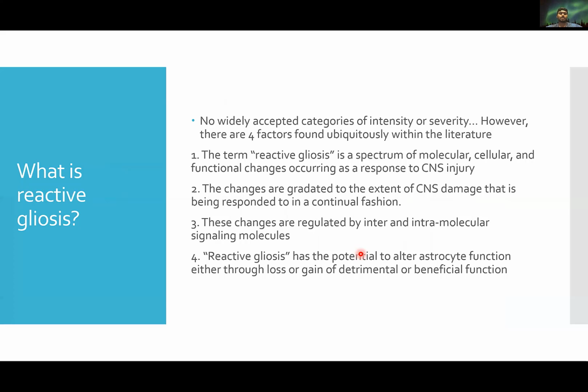So now we talked about a few of the normal functions of the astrocyte. It's important to talk about what happens when the astrocyte responds to CNS damage.